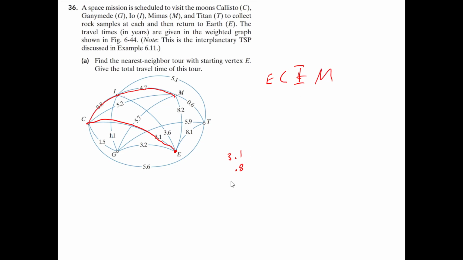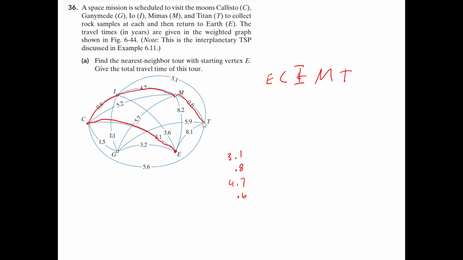So we will go to Mars and we will have 4.7. Okay, and now we're here, right? Can't go back to E because we've already been there. We've got G at 5.7 and we've got T at 0.6. So of course we're going to take the 0.6 and go to T.